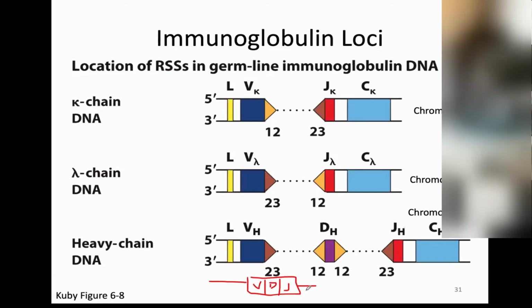It would actually probably end up encoding a different heavy chain. And then our B cell would have the genetic information to make 2 heavy chains, one on mom's chromosome, one on dad's chromosome. That would be really, really, really bad.